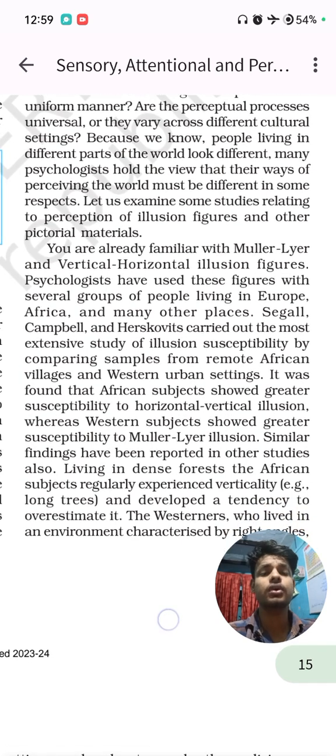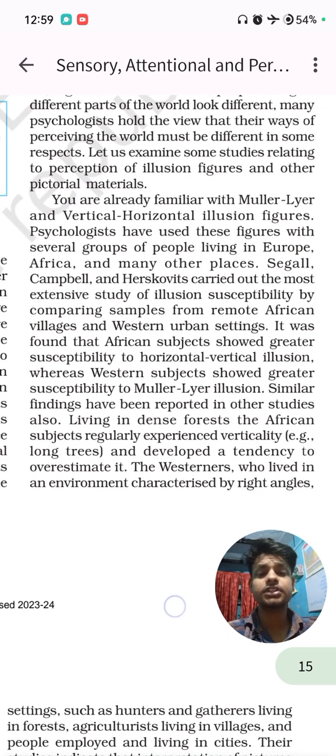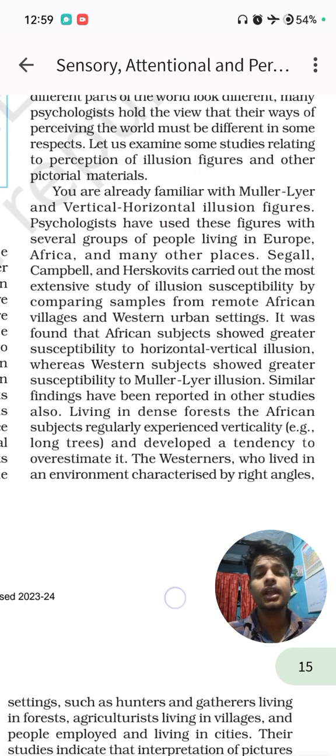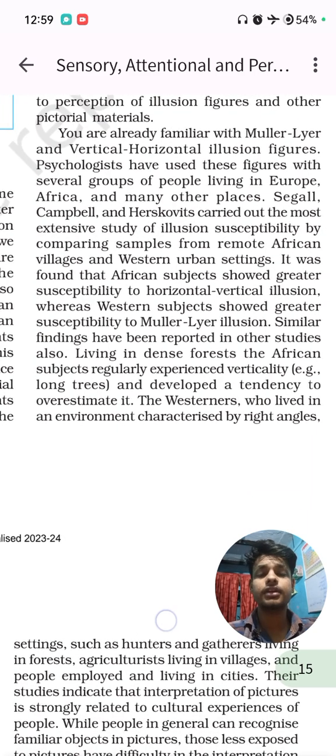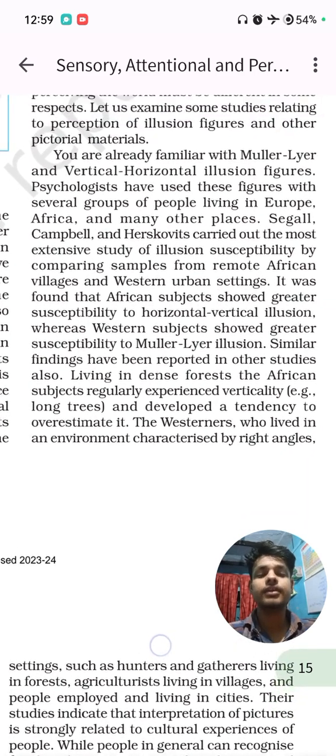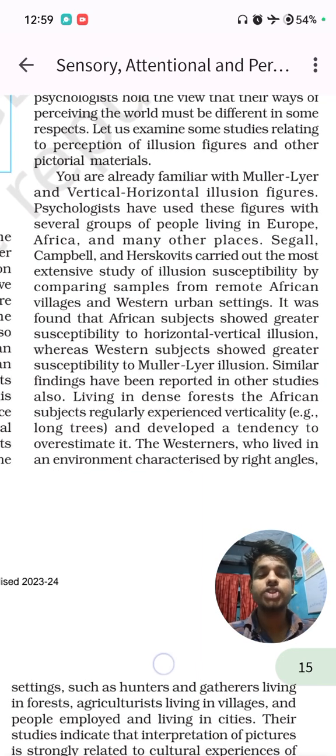Because we know people living in different parts of the world look different, many psychologists hold the view that the way of perceiving the world must be different in some respects. Let us examine some studies of the perception of illusion figures and other pictorial material. You are already familiar with the Müller-Lyer and vertical-horizontal illusion figures.